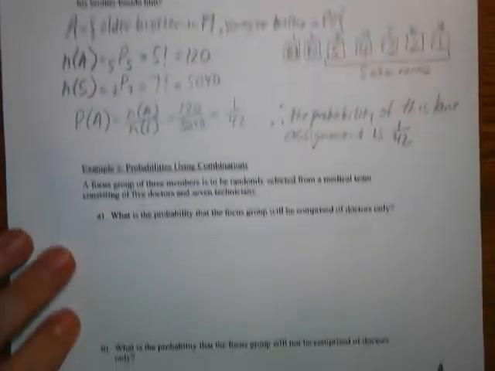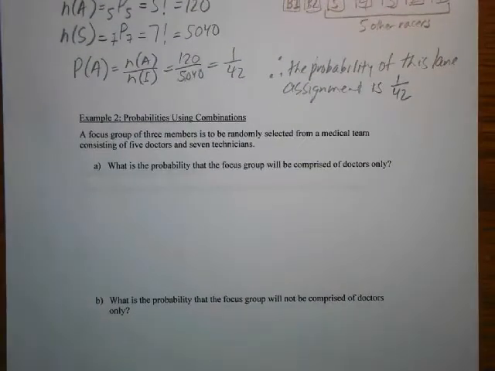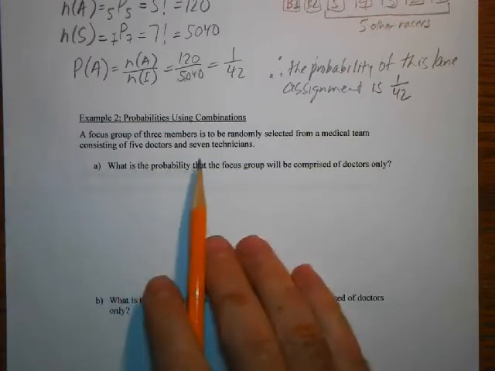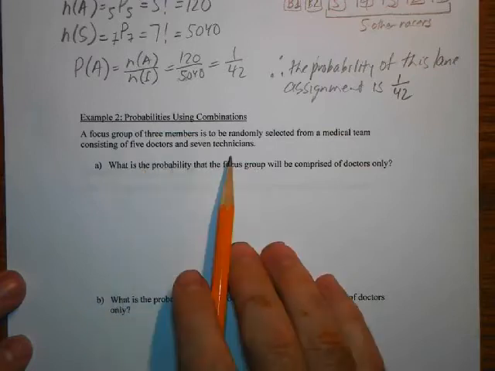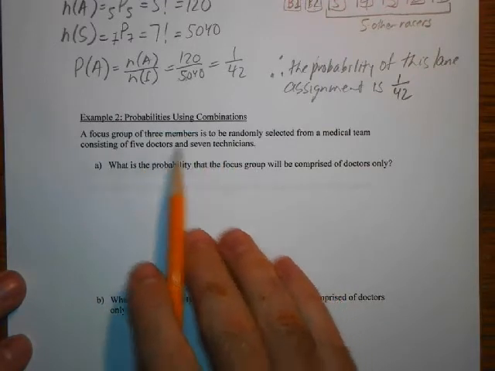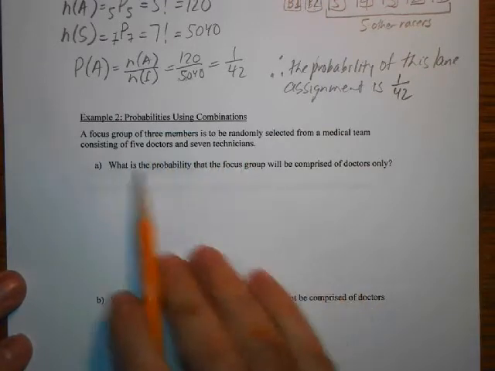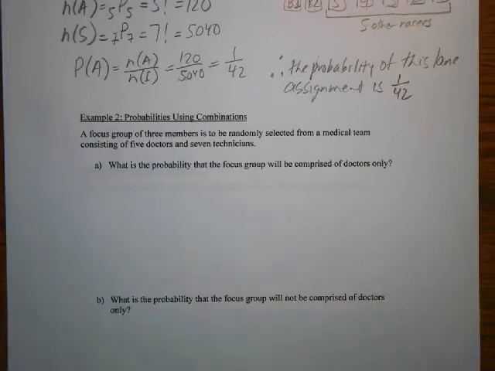Okay, next question. A focus group of 3 doctors is to be randomly selected from a medical team consisting of 5 doctors and 7 technicians. So basically, you got 5 doctors, 7 technicians. You're going to be choosing 3 of these people to be part of a focus group.